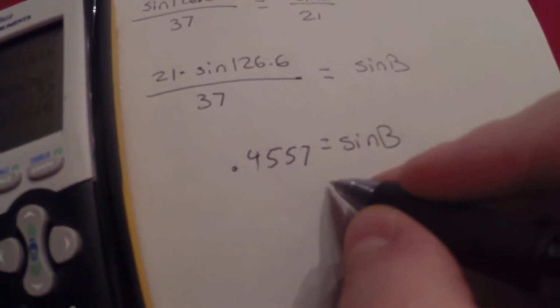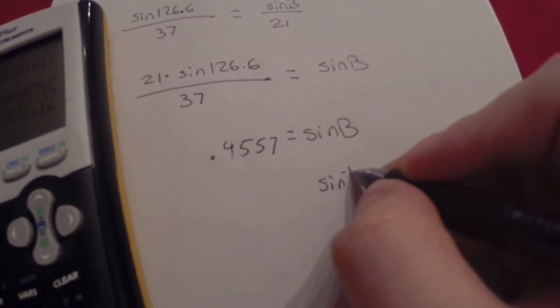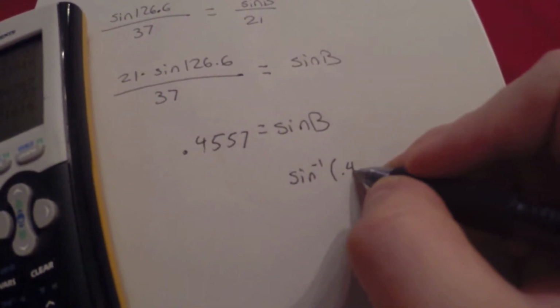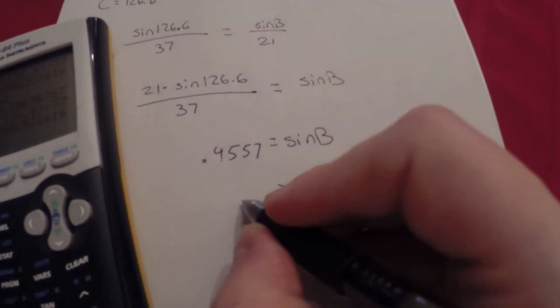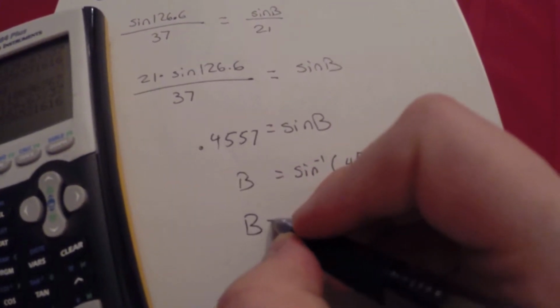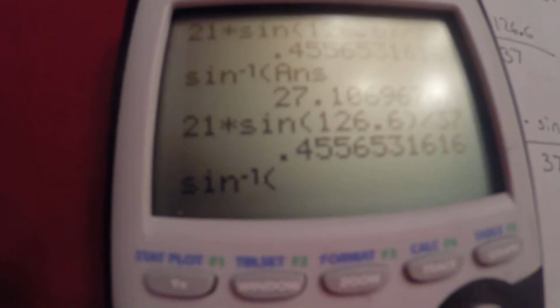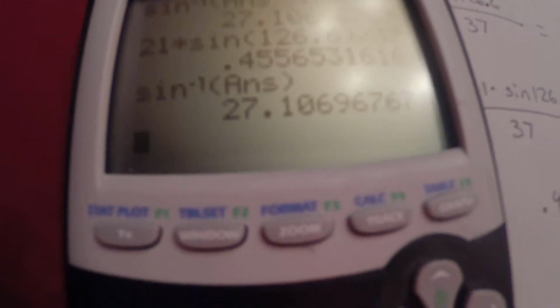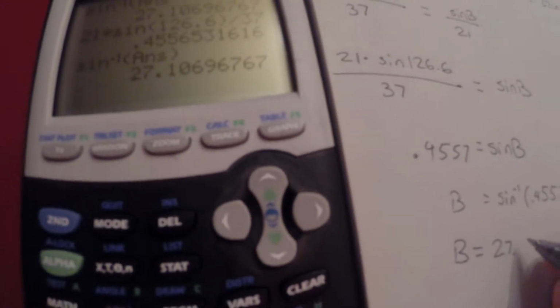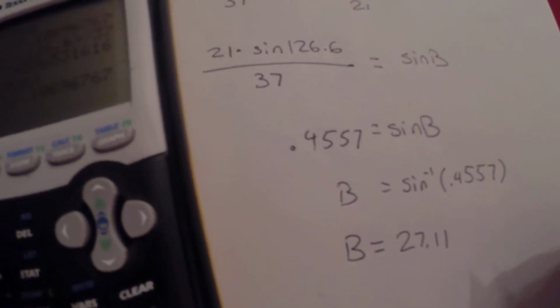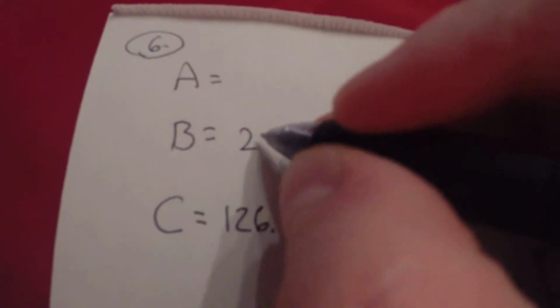Inverse it. Again, anytime you're looking for an angle, you're going to have to inverse. So you hit second sine, and that'll get you B. What do we end up getting for B? Second sine, second answer gives me 27.11. So now I know B is 27.11.